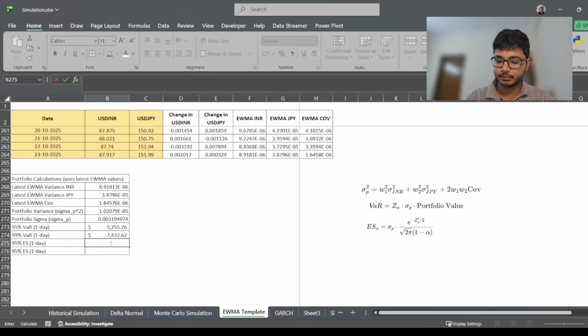Otherwise, it is portfolio standard deviation multiplied by exponential minus 0.5 multiplied by Z value squared. We can do calculations easier.